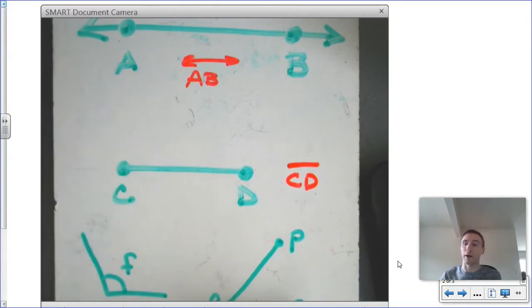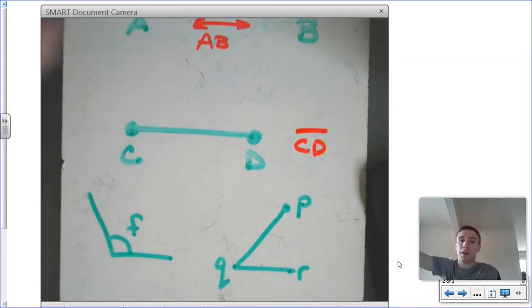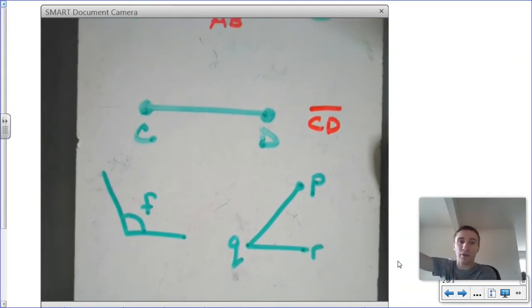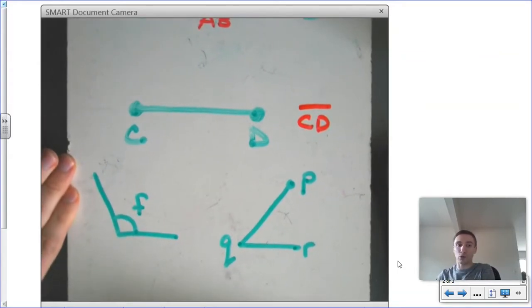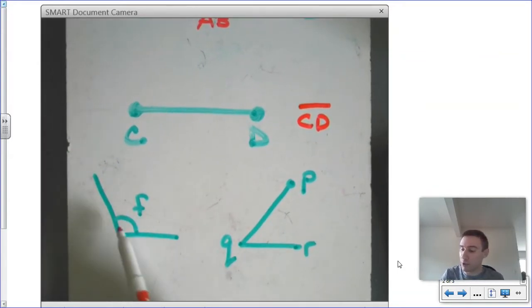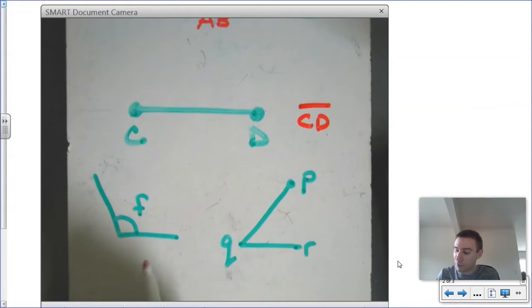Now notice I didn't put arrows on my little line above here because this is a line segment and not an actual line. Now our math book in Think Central gives us 2 ways of writing and drawing angles. So one of the ways it will show angles to us is by simply creating the angle arc and putting a lowercase letter inside here. Okay, so this is asking us to find angle F. Okay, and I'm naming that angle simply off of its label there.